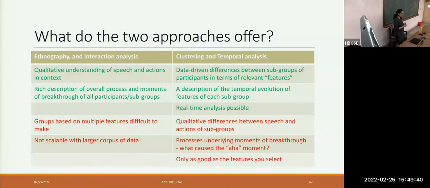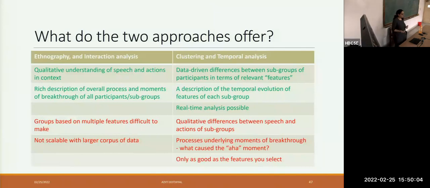It allows us to see patterns which we cannot see. It allows real-time analysis. On the other hand, the ethnographic and interaction analysis gives us a way to analyze speech and action in context. It allows us to interpret the whole process, and the moments of breakthrough and so on.